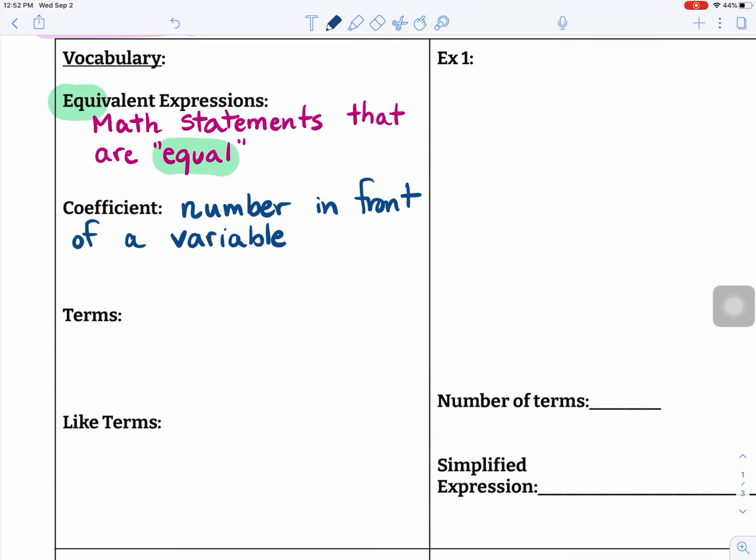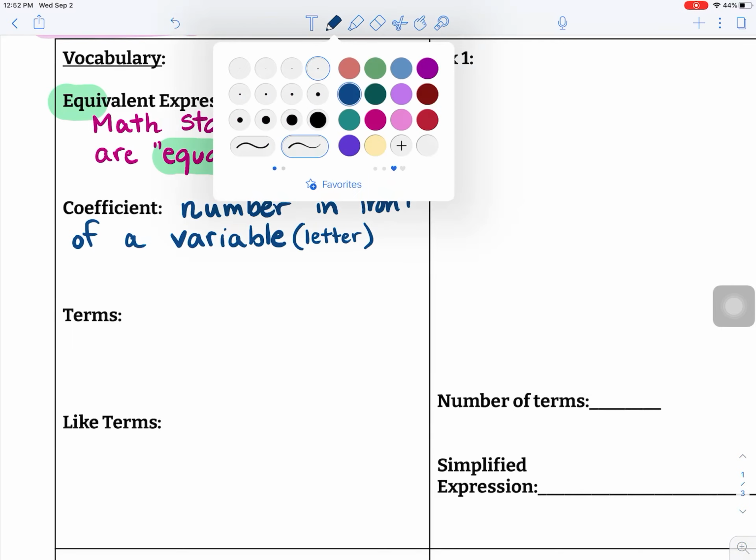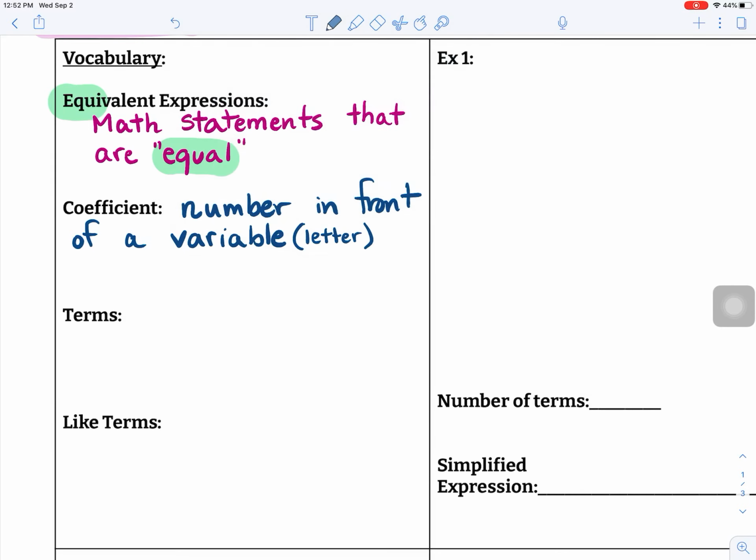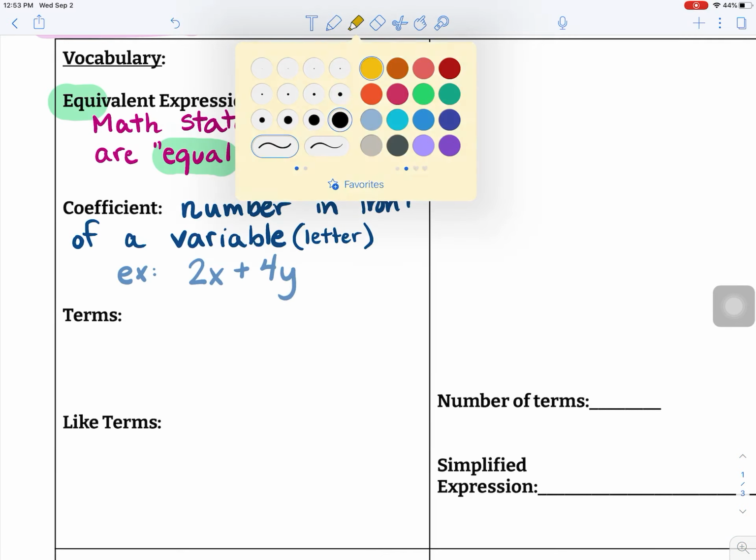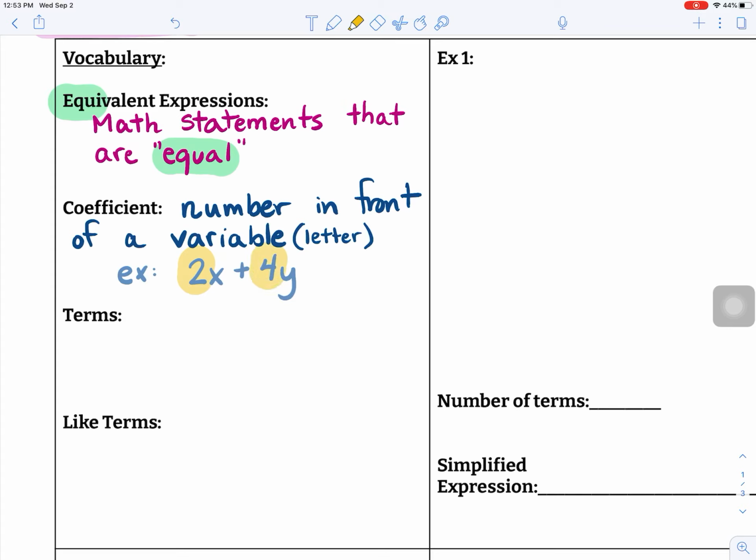So like the X, the Y, the N, the Q, whatever. If I have the expression 2x plus 4y, we would say that both the 2 and the 4 are coefficients. So 2 and 4 are coefficients.